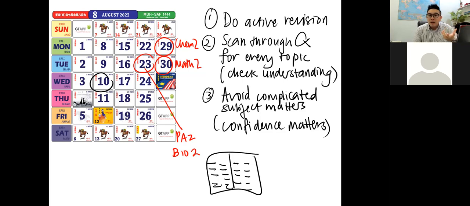Then I forgot whatever happened next. That is your weakness. You can't say it now, you can't write it out in the exam. As simple as that. You get stuck now, you get stuck in the exam. So number one, do active revision. I bet after this, you kind of get what I mean.